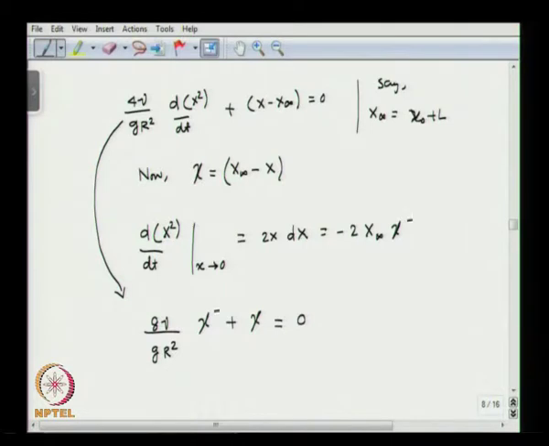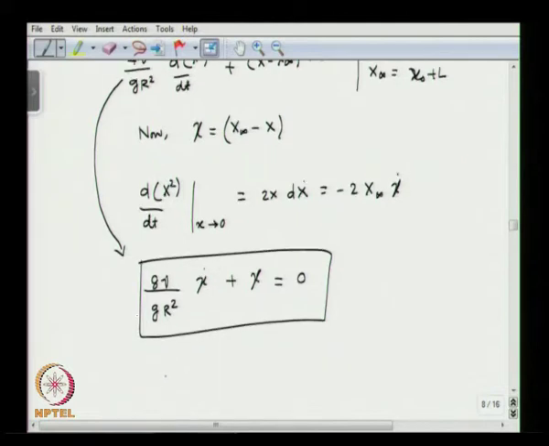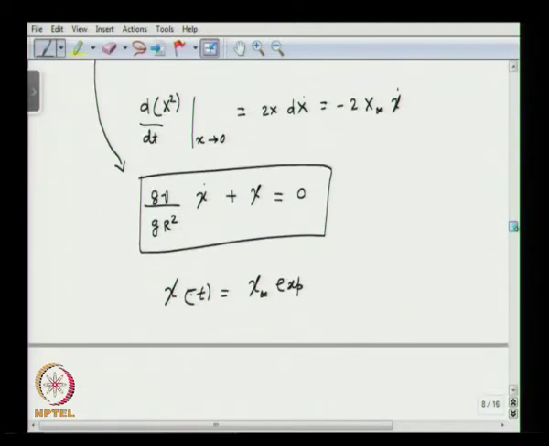Okay. So, this equation is very easy to solve, right. So, we can find a solution for X of t, which is going to be x infinity exponential minus r square g over 8 nu x infinity into t.